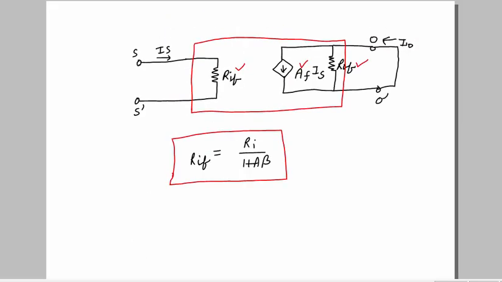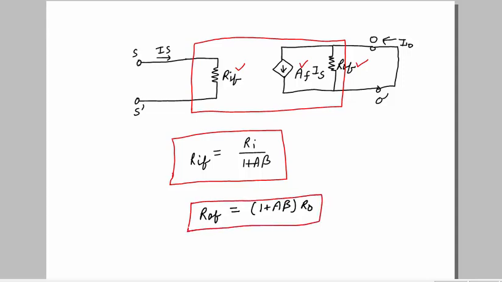Okay, so we can write here, due to the series connection at the output, we can write ROF equals to 1 plus A beta multiplied by RO. So here output resistance is increased by a factor equal to the amount of feedback.